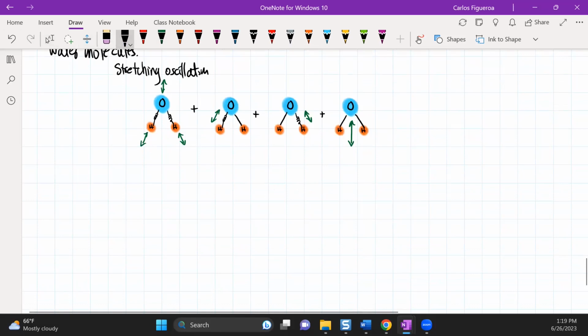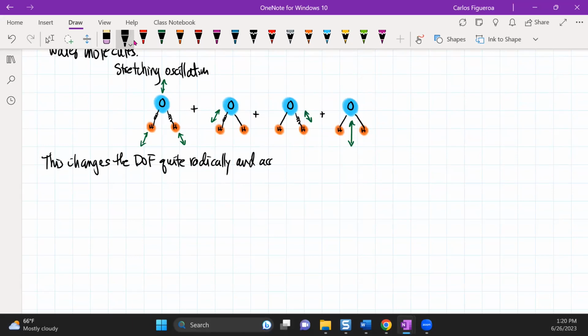So what am I saying here? This changes the degrees of freedom quite radically, because they're possible oscillations.